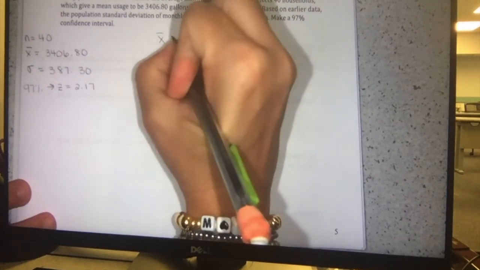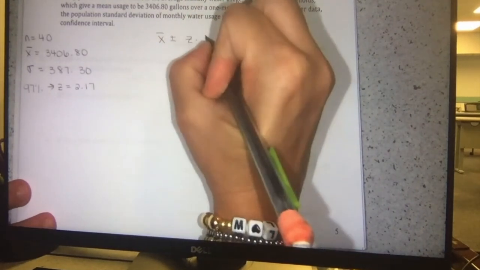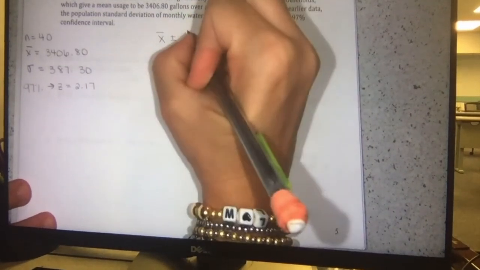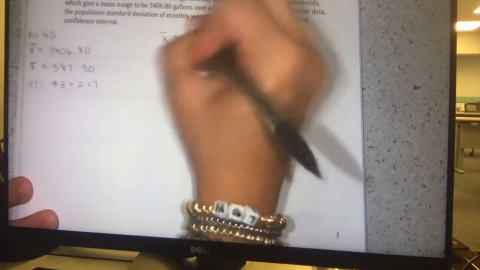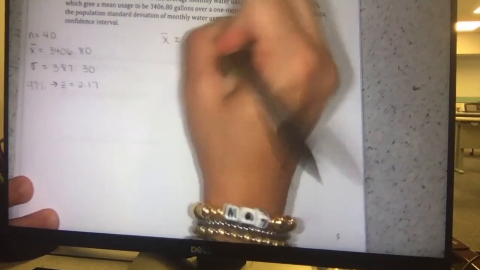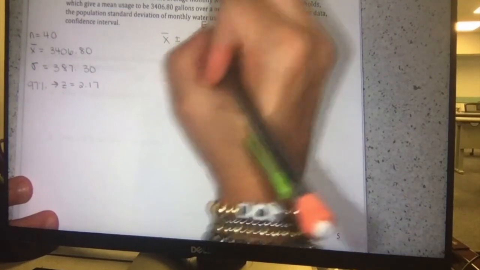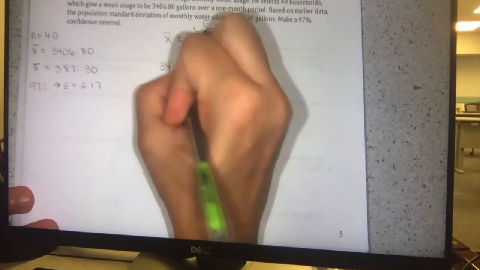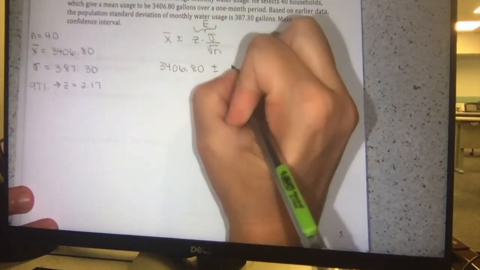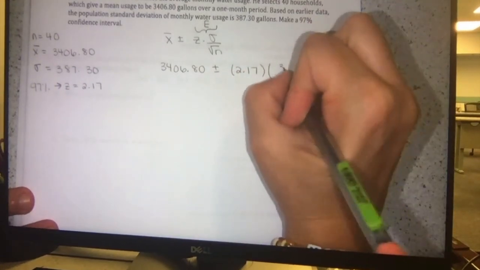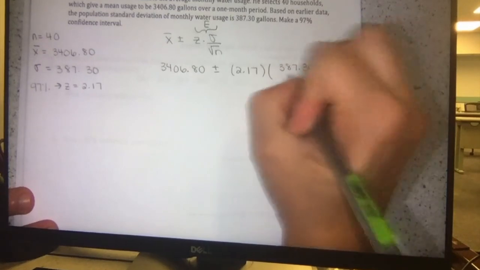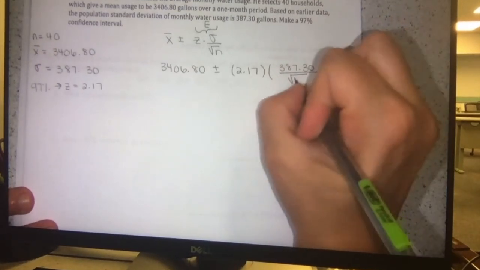So let's use our formula: x bar plus or minus our error, which is z times our standard deviation over the square root of n. Plugging in everything: 3406.80 plus or minus z, which is 2.17, times 387.30 over the square root of 40.